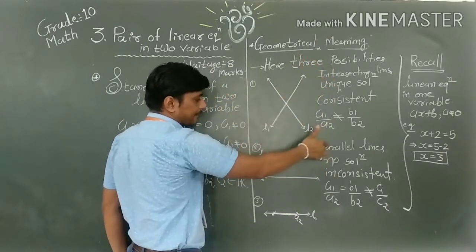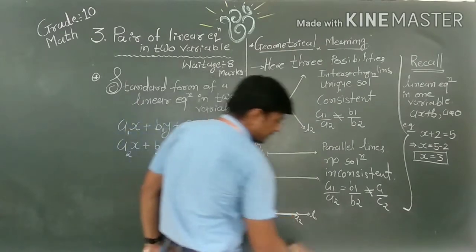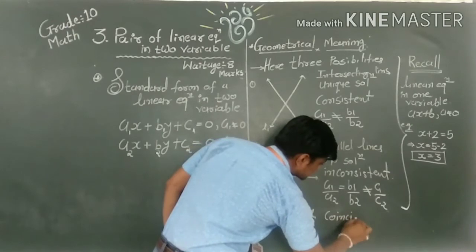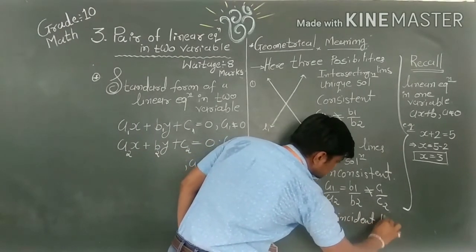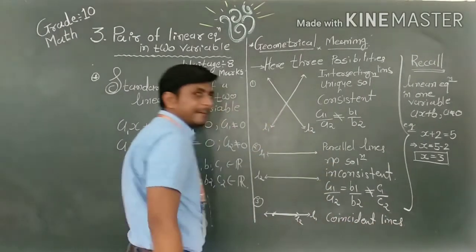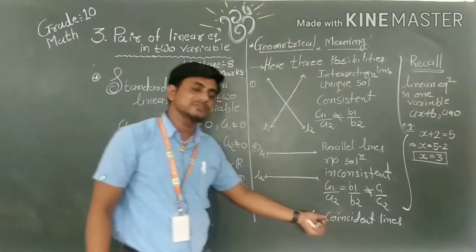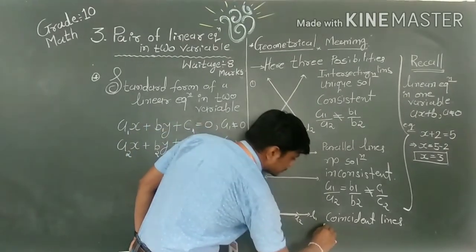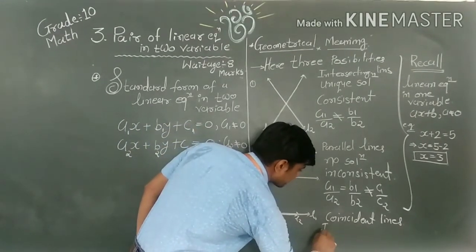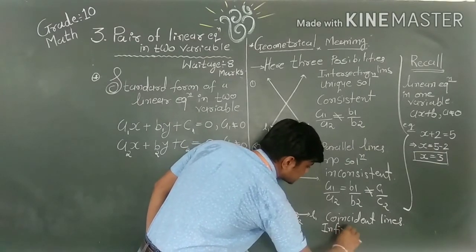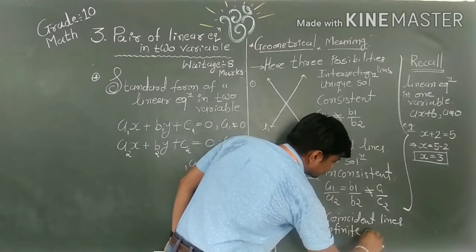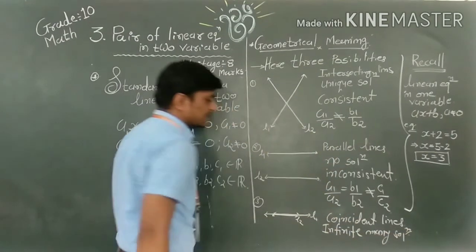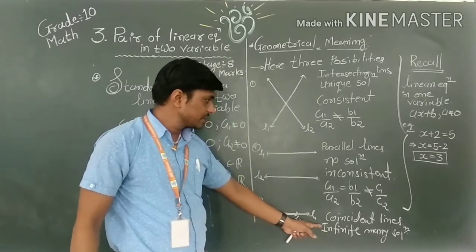Here intersecting lines, parallel lines, and here coincident lines, also called dependent lines. And how many solutions? Infinitely many solutions. In this case we have infinitely many solutions.